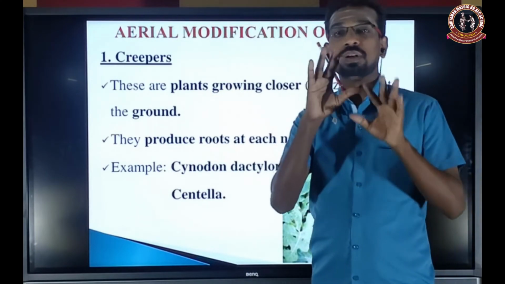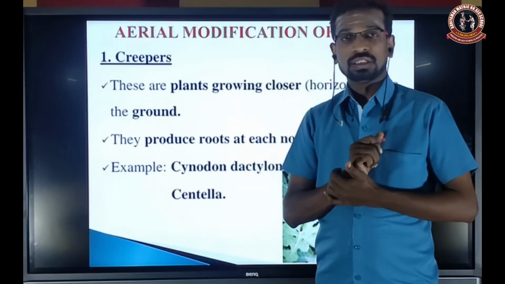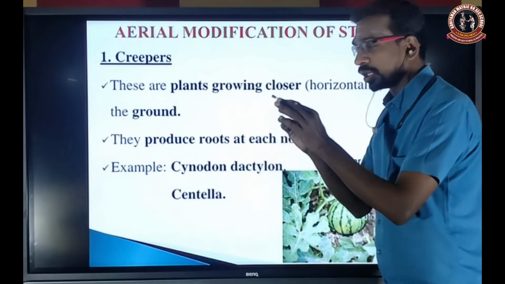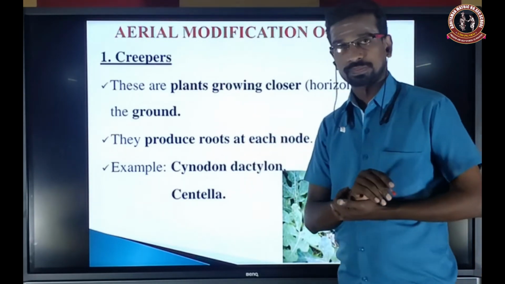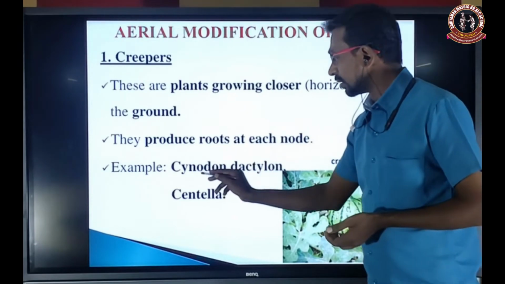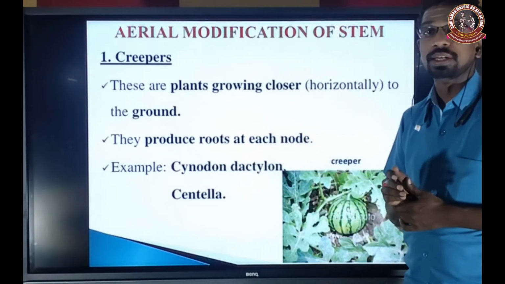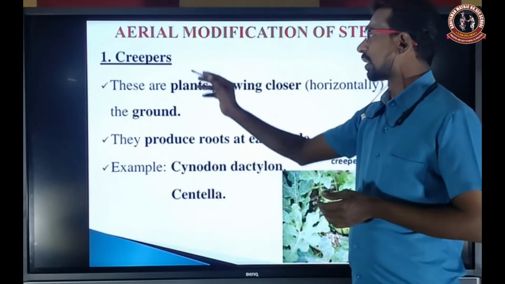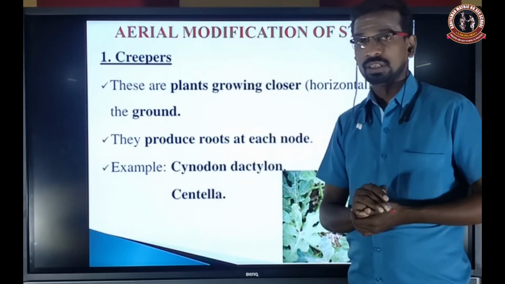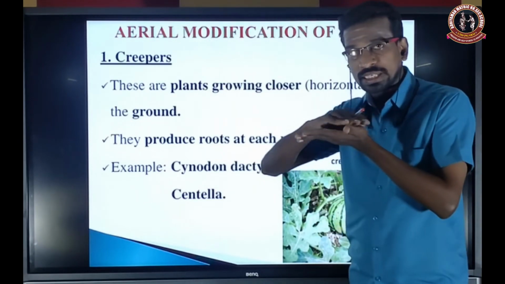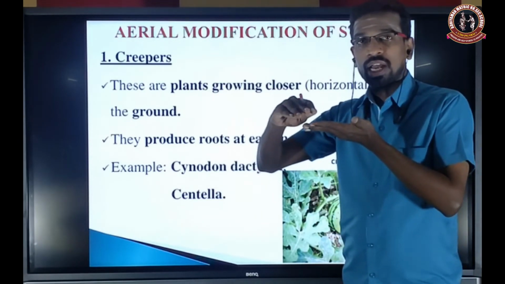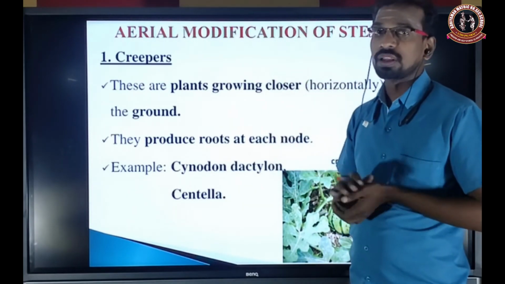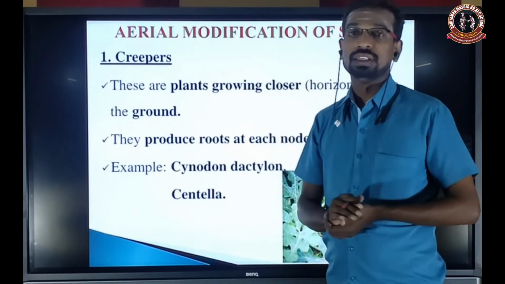Actually, the root is formed in only one place of the plant, but here every node produces a root. That is a creeper. Examples: Cynodon dactylon, Arugampul, and Centella. So what are creepers? They grow near the soil level and each node produces a root. Example: Cynodon dactylon and Centella.